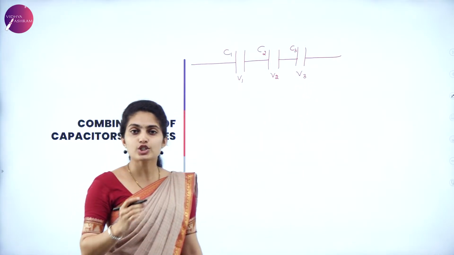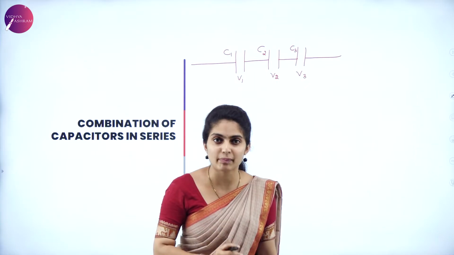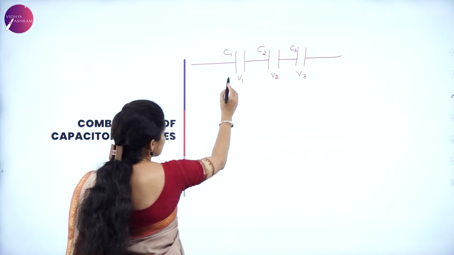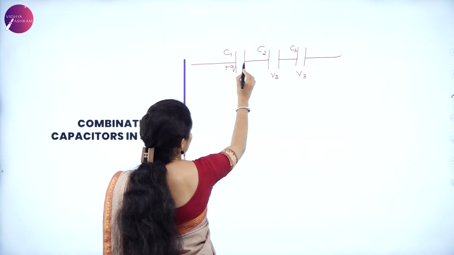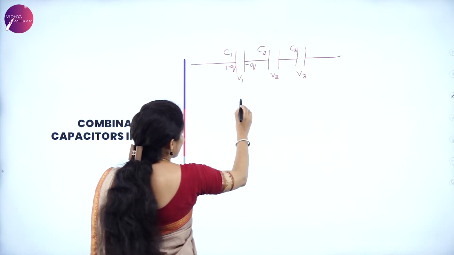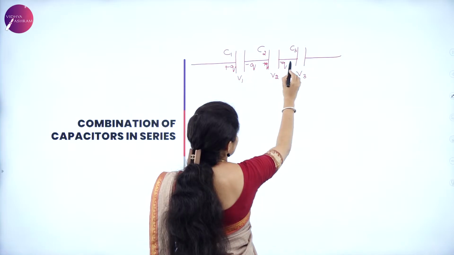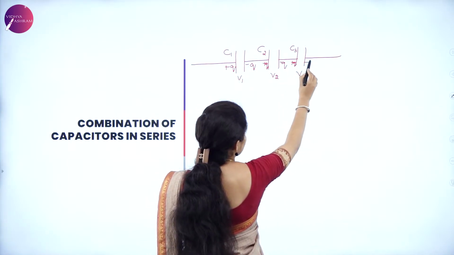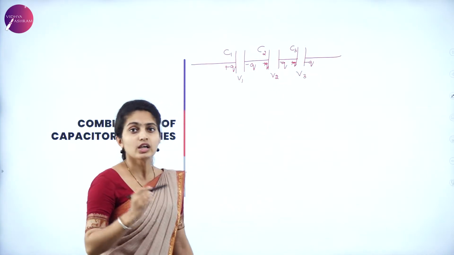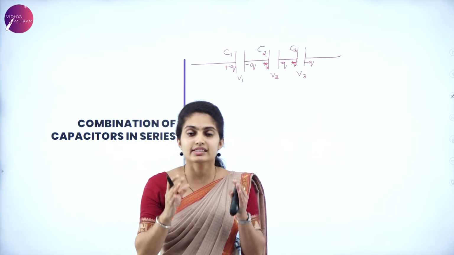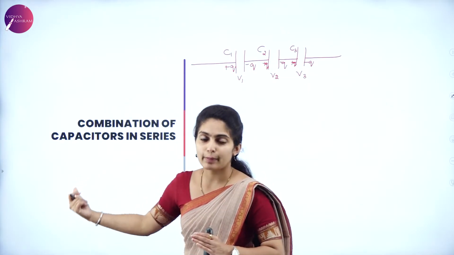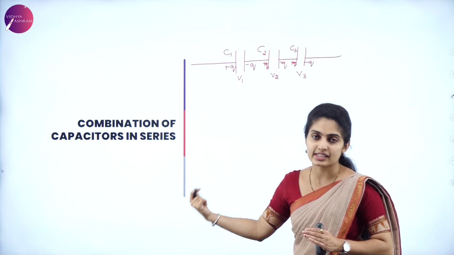And the charge placed on the capacitor is plus Q on this plate and minus Q on this plate, plus Q here, minus Q, plus Q and minus Q. So this is the setup of the capacitors in series.